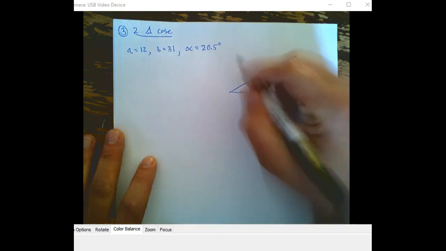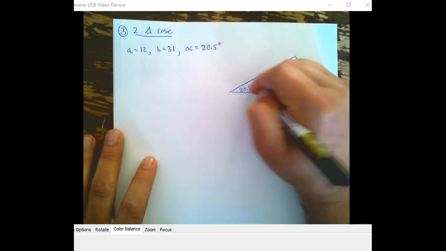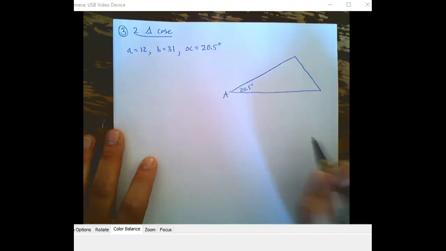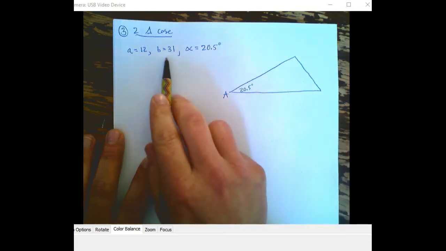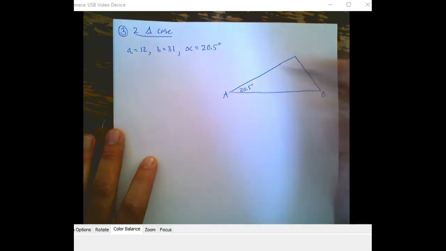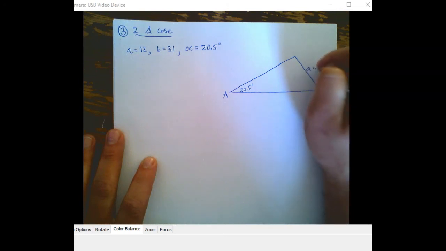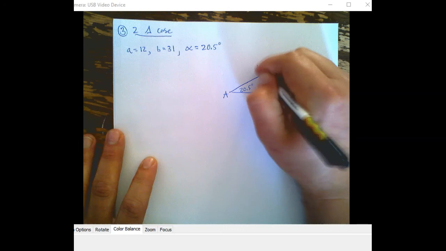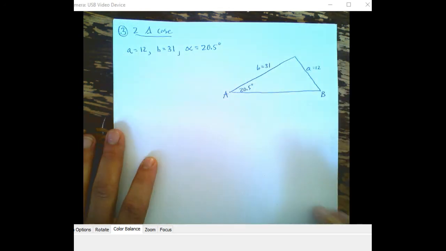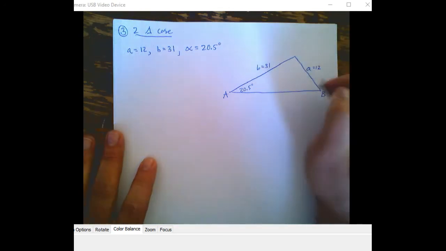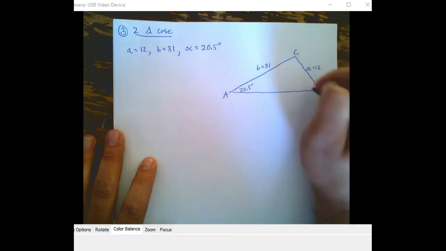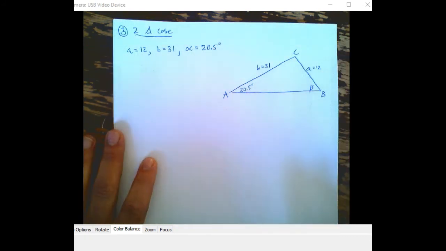The known angle is alpha. Let's put him here. It's A. And then our other side given is b, so let's put him over here. Little a is 12, and little b is 31. So let's say that's C. Here's beta. Okay.